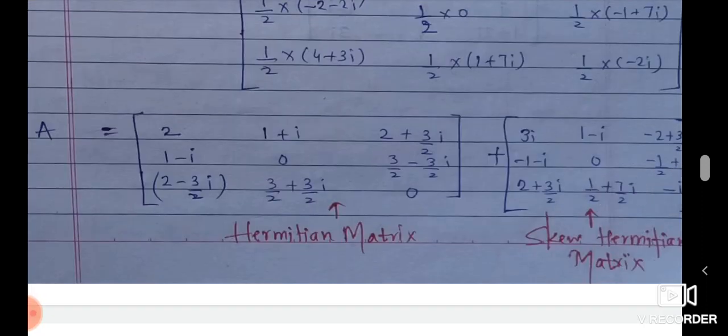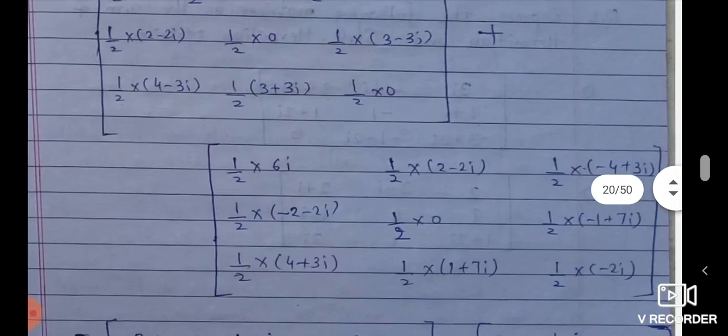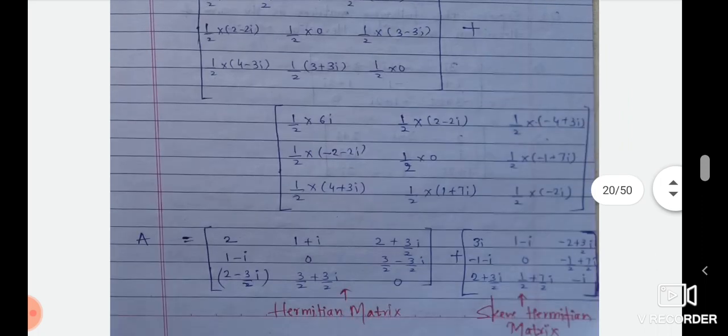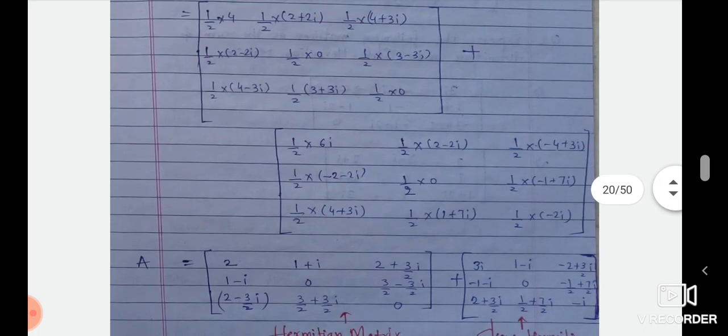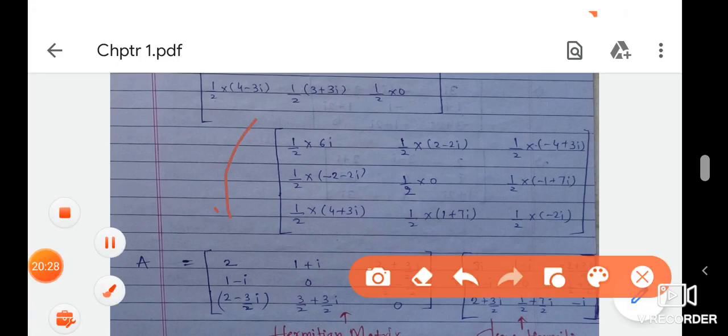So I've written it like that only. I'm dividing each and every term by 2. The answer to this matrix is here, and the answer to this matrix is here. See the simplification.